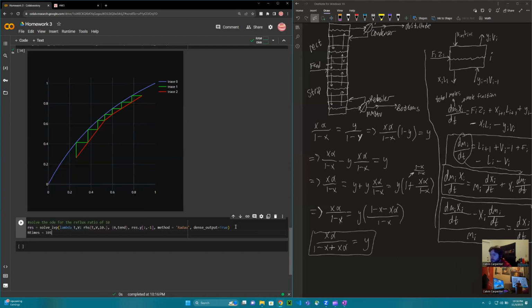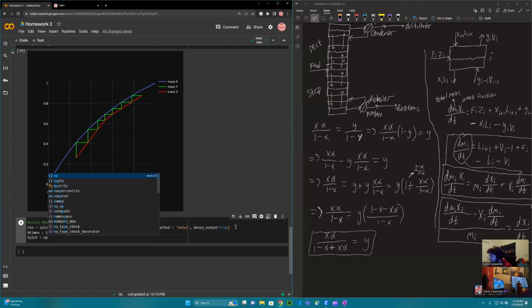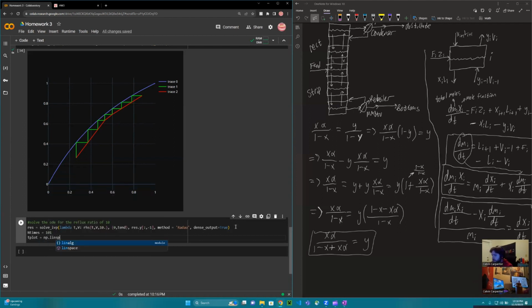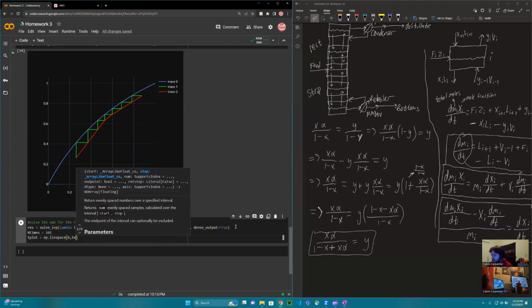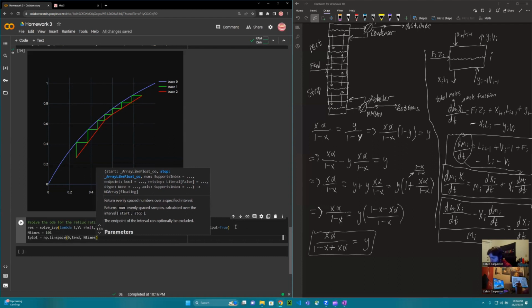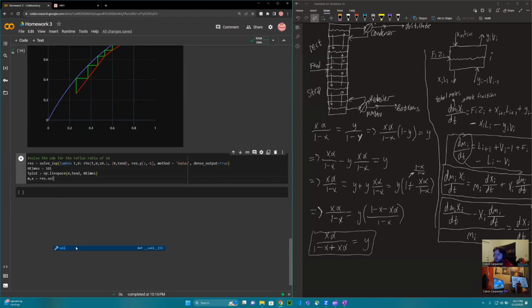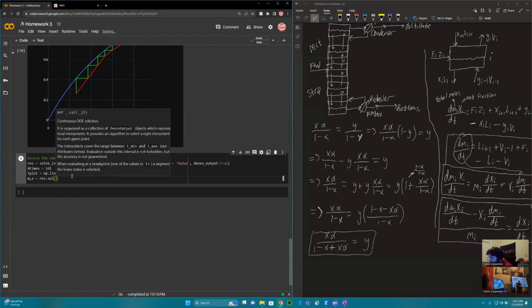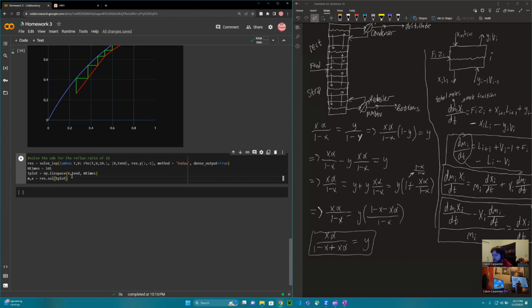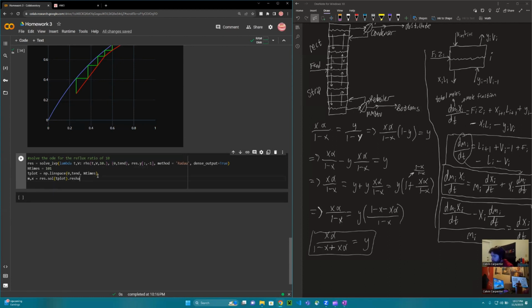N times equals 101. Plot equals np.linspace, and n times, res.sol, two comma nt plus 2 comma -1.